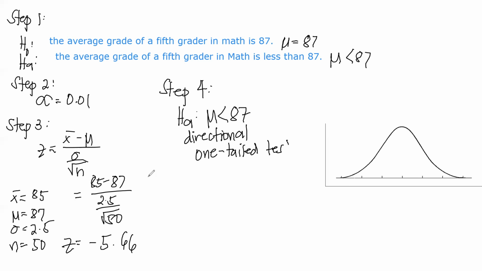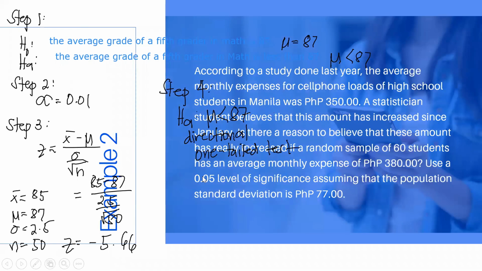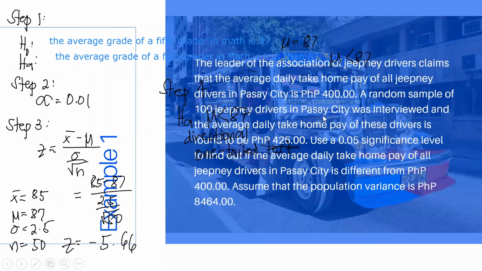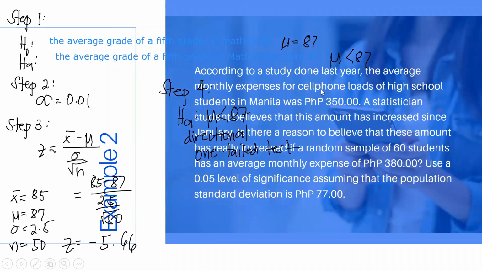Now, since we have an alpha level of 0.01, let's go back to the slide wherein we have the matrix. Okay, so since we have an alpha level of 0.01 and it is one-tailed, therefore we have a critical value of 2.33.